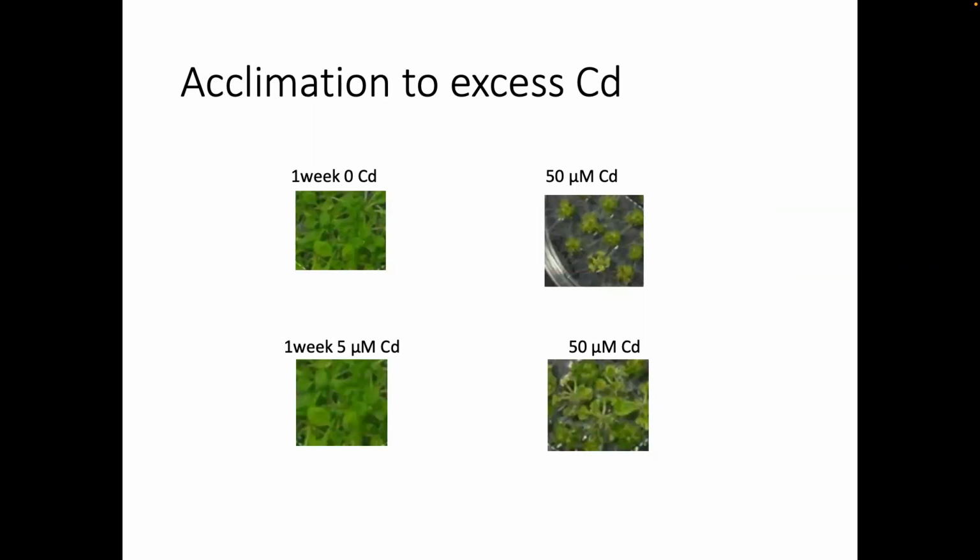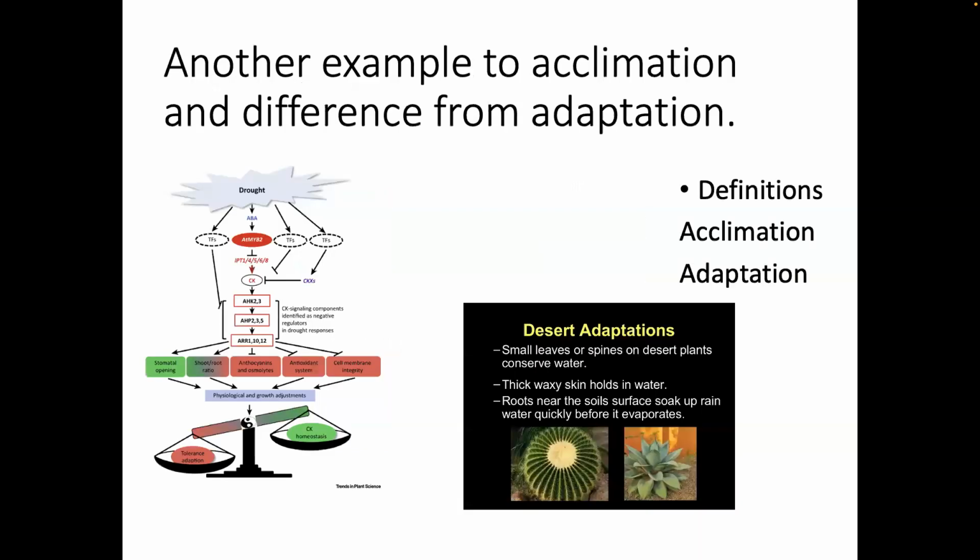But the one that has already been exposed to cadmium, although it now has more cadmium in it, will be more tolerant. So this is acclimation. You subject the plant to the stress in small doses, so it has time to prepare for it. And then when the big stress comes, it's ready for that.